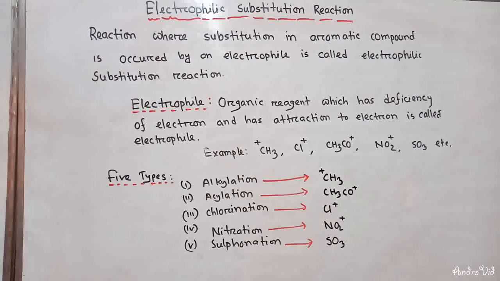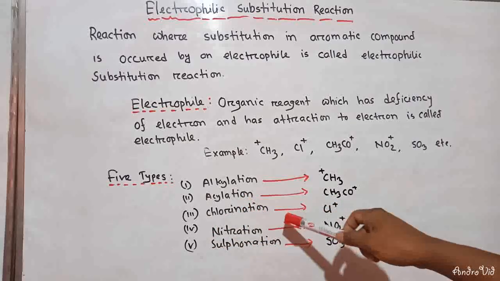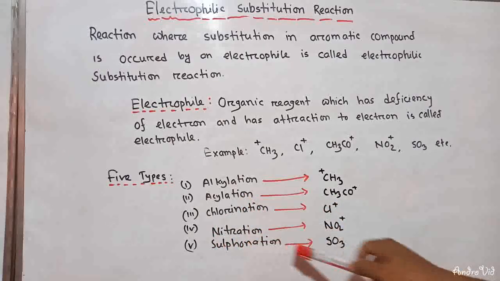Electrophilic substitution reaction you can divide into 5 types. First one is alkylation, second is acylation, third chlorination, fourth nitration, and last one is sulfonation.